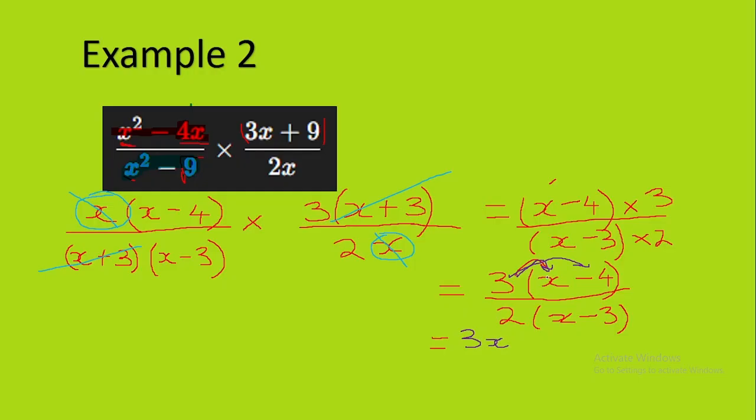So 3 times x will give you 3x, 3 times negative 4 will give us negative 12, over 2 times x, which gives you 2x, and 2 times negative 3, that will give you negative 6. So that is our answer for this question.